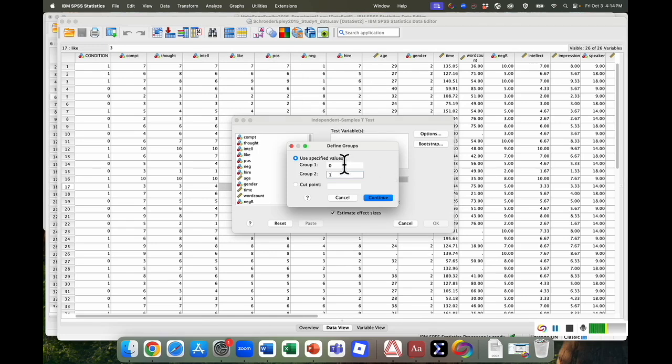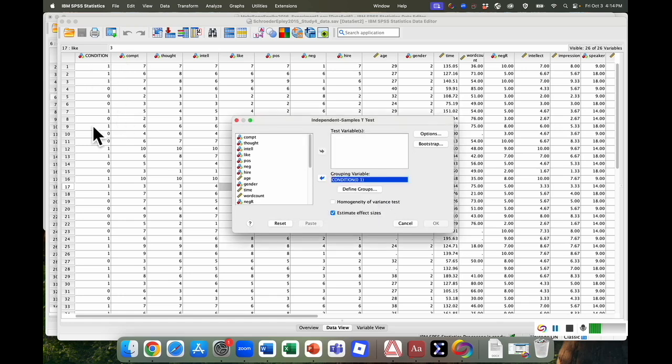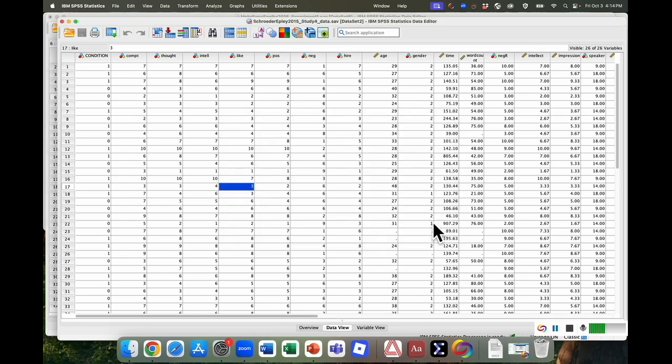So we're just going to have group 1 be 0 and group 2 be 1 so that SPSS knows which groups to compare. And then for the test variable, we're going to go over here to intellect and indicate that. And then we're going to click OK.